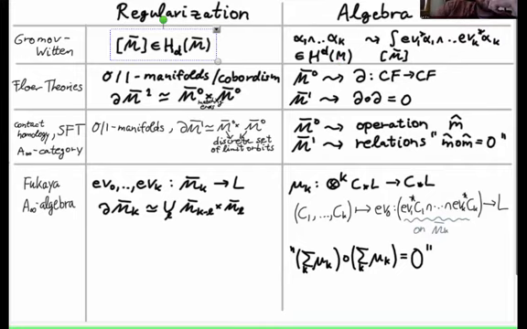There will be these evaluation maps that take curves and evaluate them at the ith marked point. And if my cohomology classes are wedged to the right degree, I can pull them all back to my moduli space.